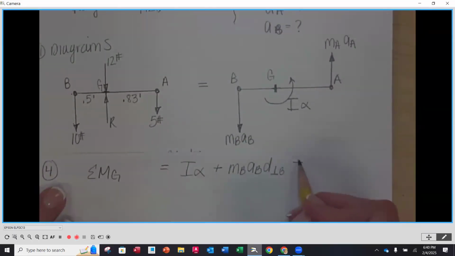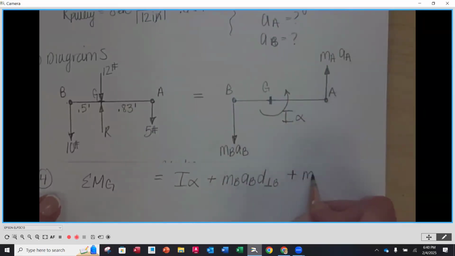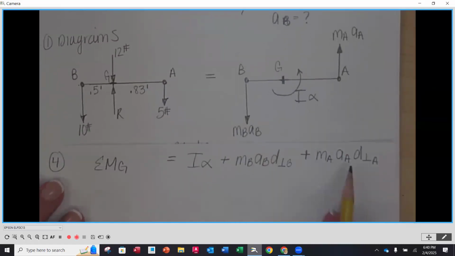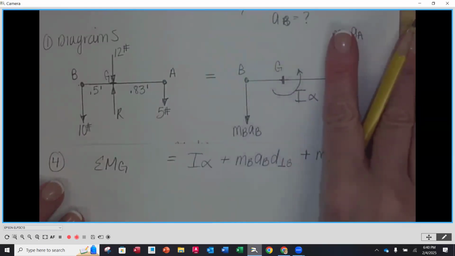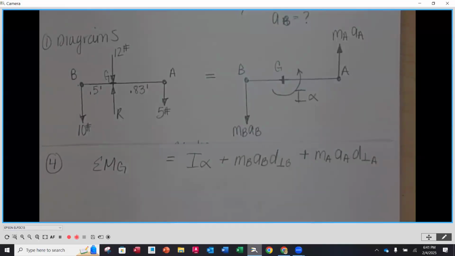And then plus MA, the mass at A times the acceleration at A, times the perpendicular distance from G to point A. It's because there are 2 translational motions. If there were just one, we would just do it for one side, but there are 2. There are different values at B and at A, so we have to add those in there.